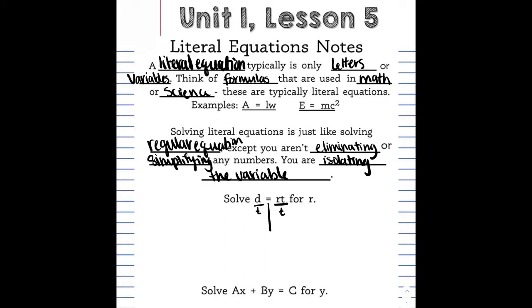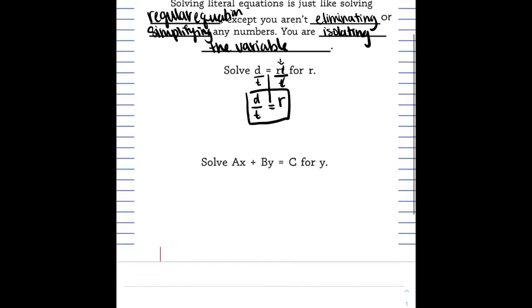Whatever I do to one side, I'm going to do to the other. I'm dividing by t because I want to get R by itself. If I divide by R, I'm just going to be moving R over with d, and it's still not by itself. So I'm dividing by the thing that's with R, which is t. And so over here, t divided by t is just 1. So it leaves me with 1r, but I don't need to write my 1. And I just have distance over time. So rate equals distance over time.